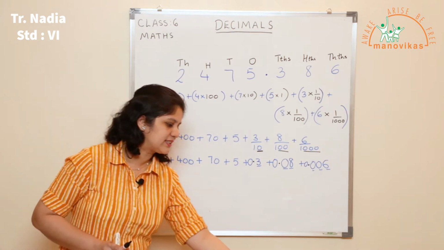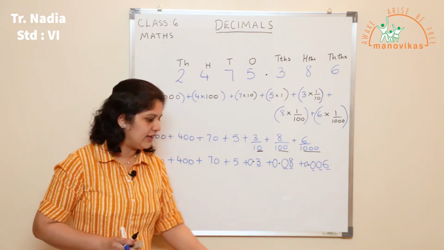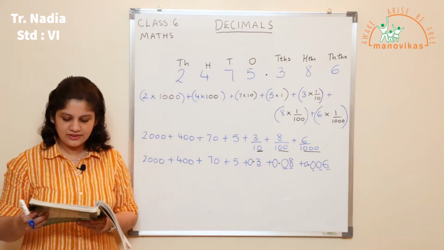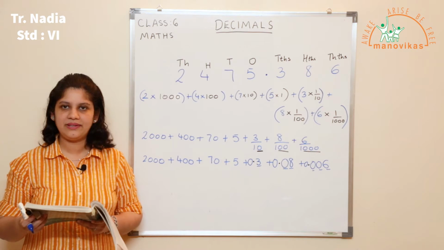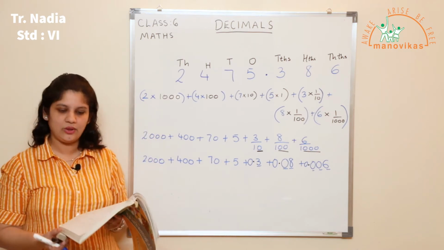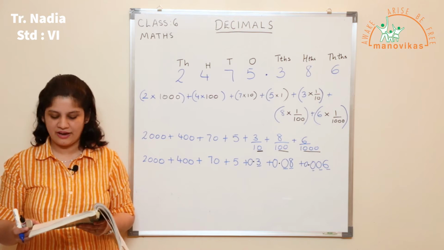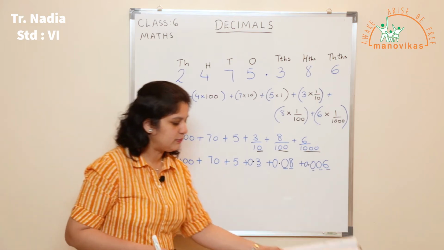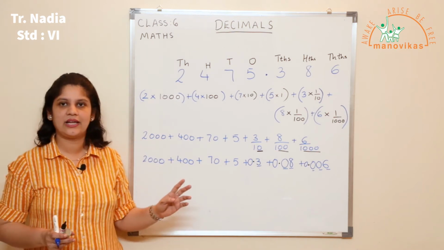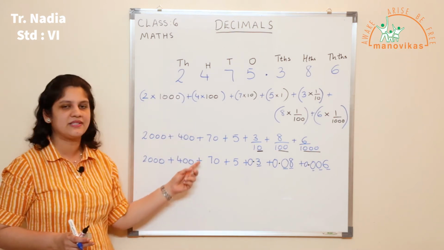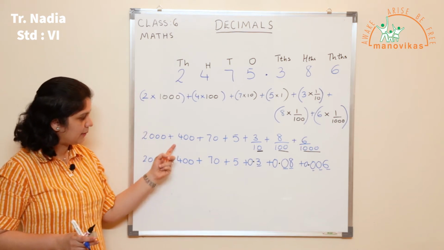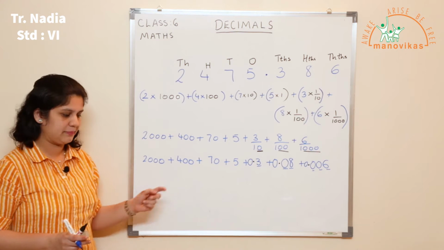Now, if you go to exercise 5A, in question 3 of exercise 5A, you are given decimals and asked to write them in expanded form. Please follow these 3 steps when you are doing question 3 of exercise 5A. So I hope this expanded form is clear to you all how it is to be done. Once again, I am telling you children, these 3 steps need to be shown. This is the first step, this is the second step, and this is the third step.